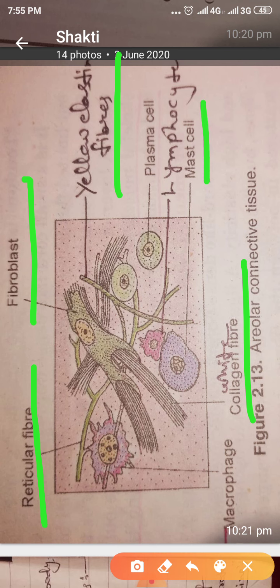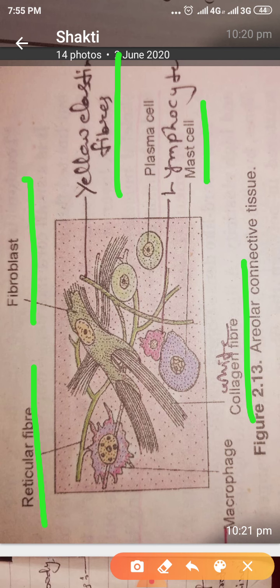Mast cell is a very special cell that releases different chemicals plus matrix. Fibroblast releases matrix, mast cell releases matrix. Along with matrix, it also secretes three chemicals.